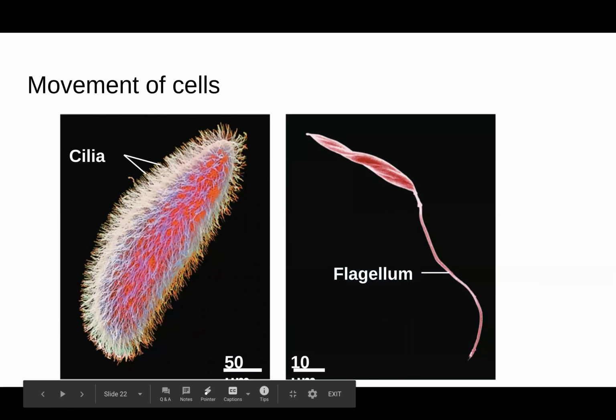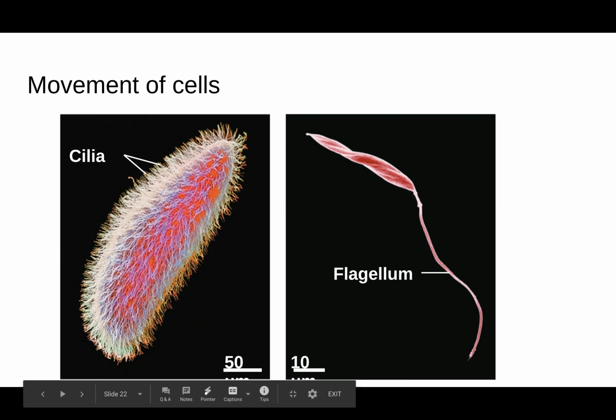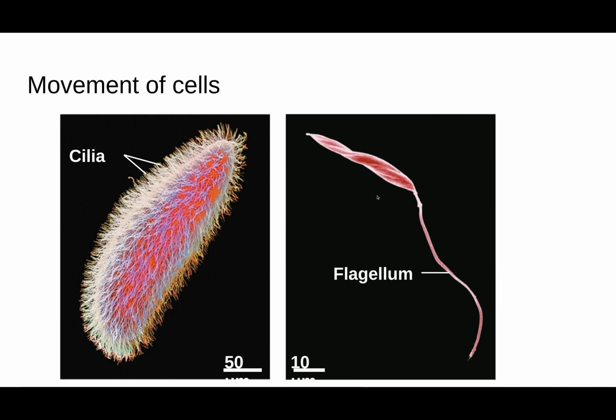For this protozoa to move, it uses ATP to vibrate these little structures. They're little hairs called cilia. And it essentially powers this organism through a liquid. So that's cilia. It's a nice little hairy protozoa here. And then we have what's called the flagella, which is essentially a whip-like tail. And so we have just a microscopic eukaryote here.